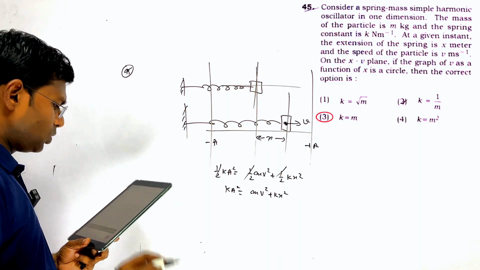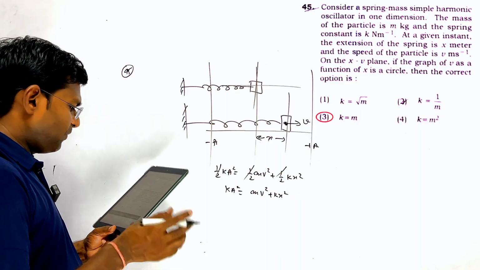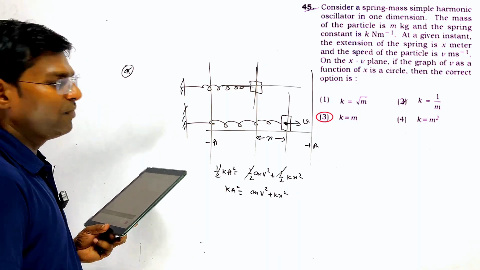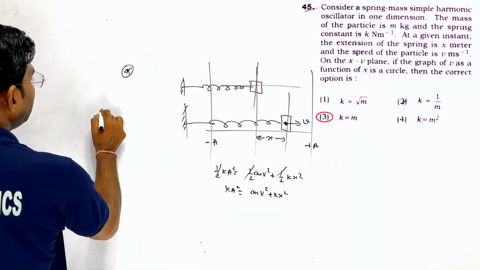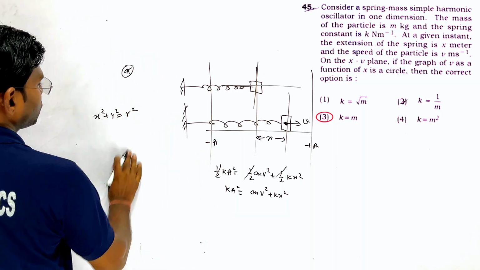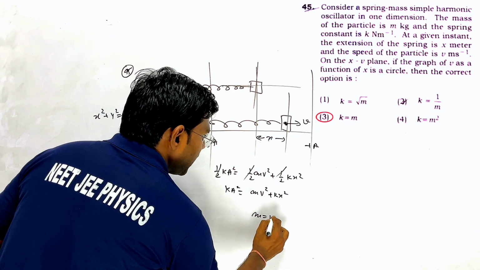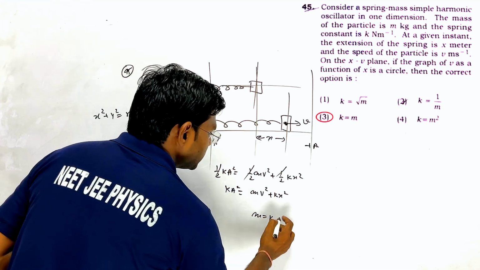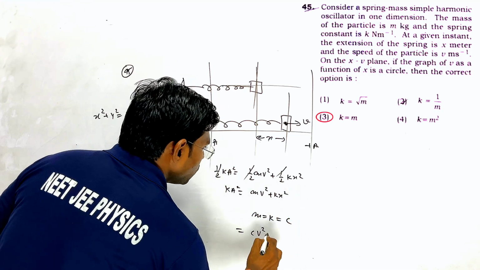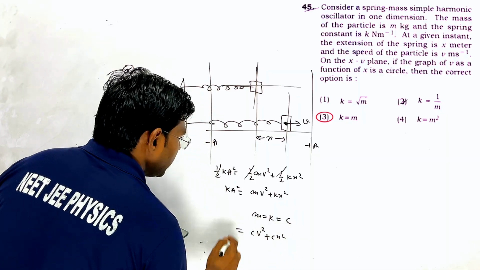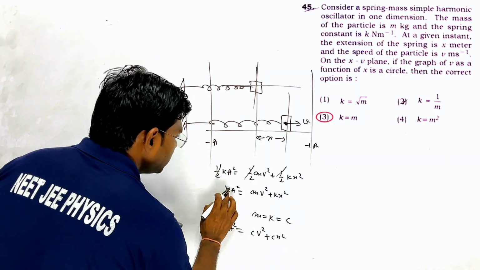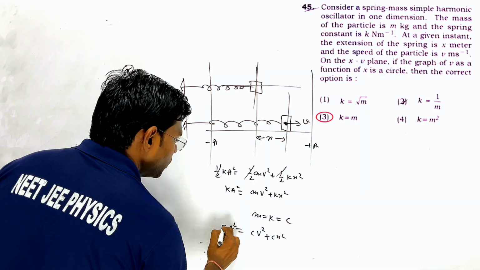Now, according to the question, the graph between v and x is a circle. When will it be a circle? The circle graph is x square plus y square is equal to r square. If m and k are equal, suppose this is equal to c. So c v square plus c x square is equal to k a square, where k is the constant which is assumed to be c.